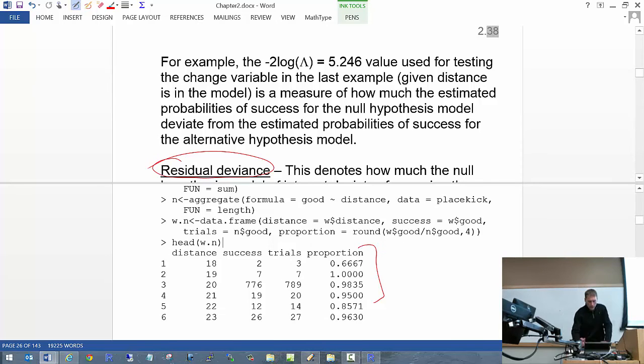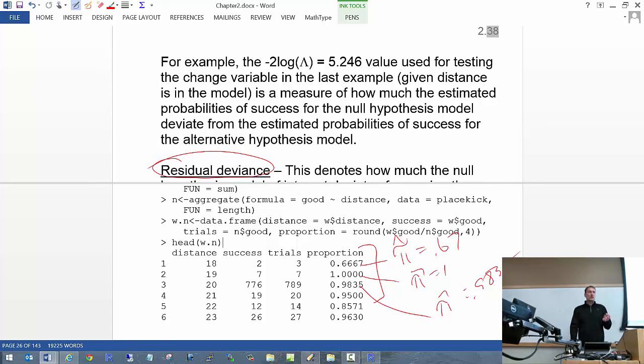So for example, I would estimate pi hat here to be 0.67. I would estimate pi hat here to be 1. I would estimate pi hat here to be 0.9835. Each of the observations is predicted by its proportion of successes.